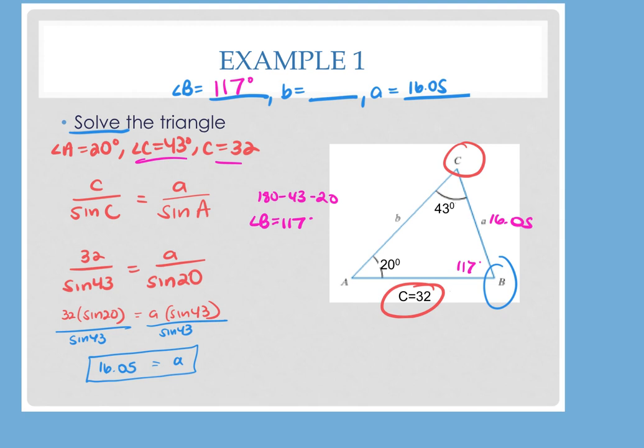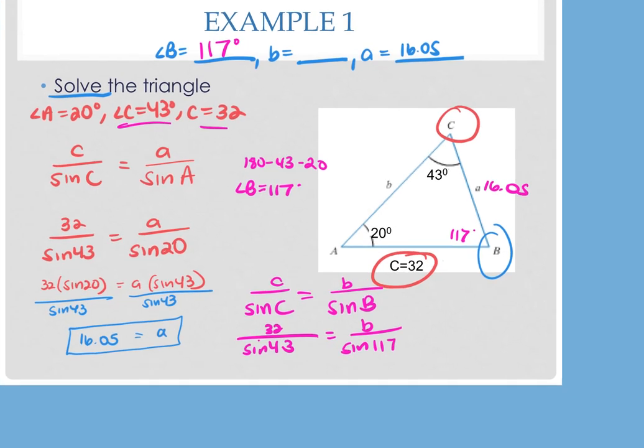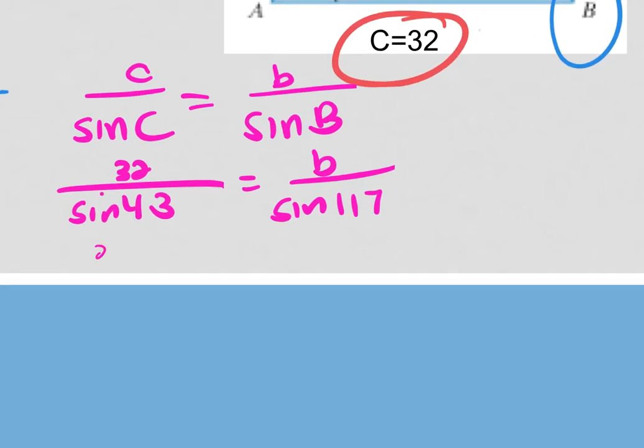So I'm going to use C over sine of C equals B over sine of B. C was 32 over the sine of angle C, which is 43, equals B is my unknown over the sine of angle B, which I just found to be 117. And then I cross multiply 32 times the sine of 117 equals B times the sine of 43.